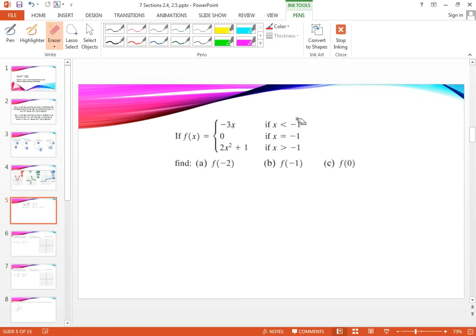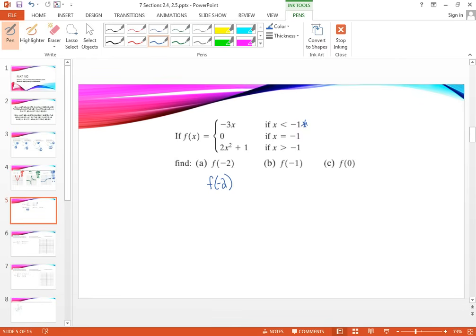But when it comes down to just literally finding the function values, just pay attention. If it says f of -2, well, x is -2. So which one of the conditions is it? Okay. It's this first one, right? Because x's have to be less than -1 for the first condition, and -2 is less than -1.